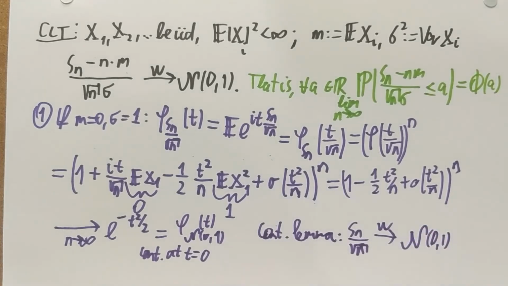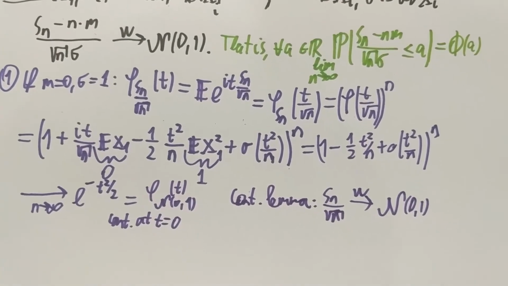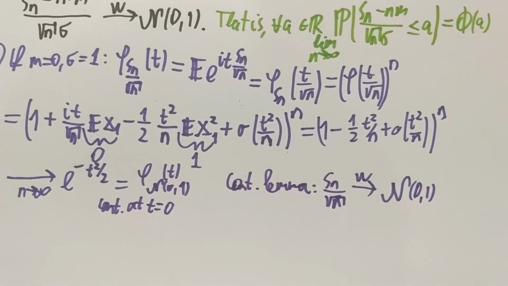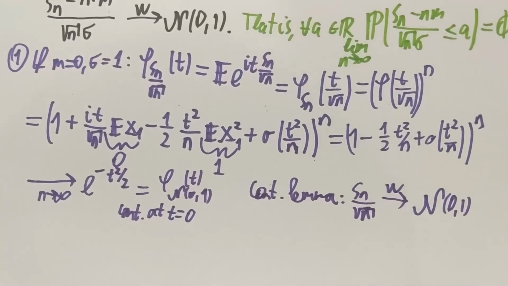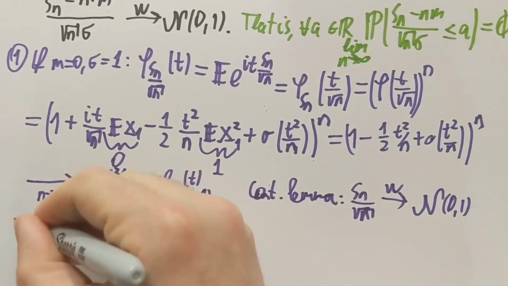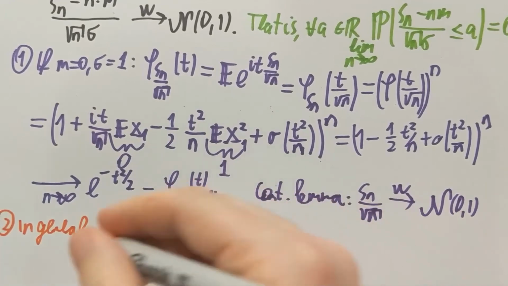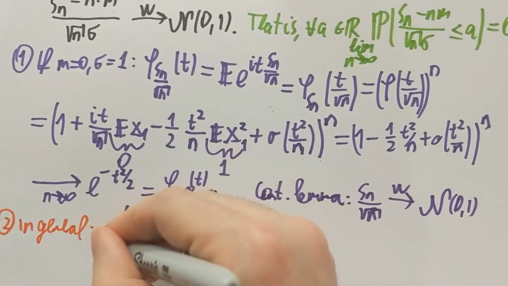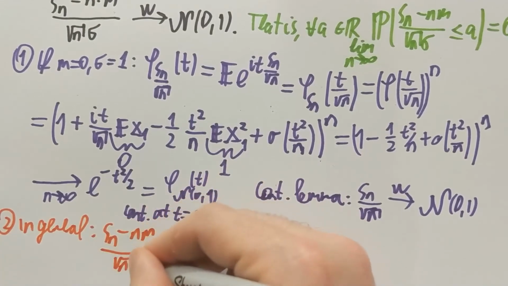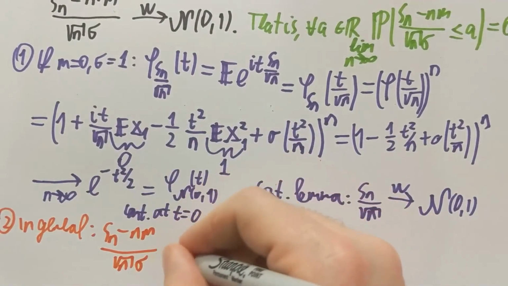Step 2: what happens if we have another mean or another variance? What if m is not 0 or sigma is not 1? Then life is actually easy. Everybody could repeat this proof, but it's actually easier than that. So in general, if we have Sn minus nm over root n sigma, which is the statement we want to look at, then what is this?